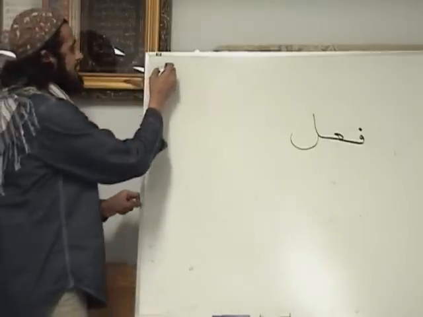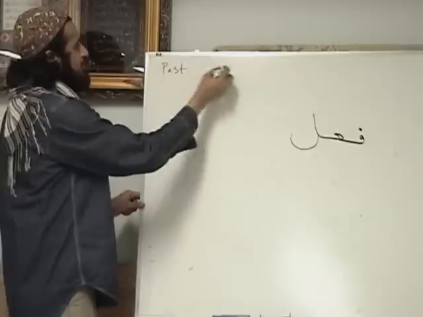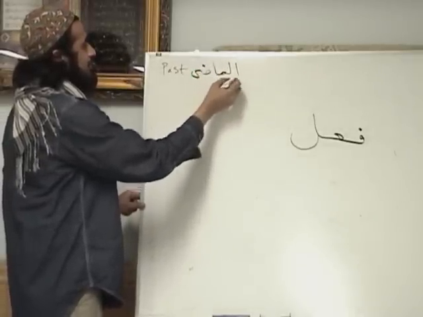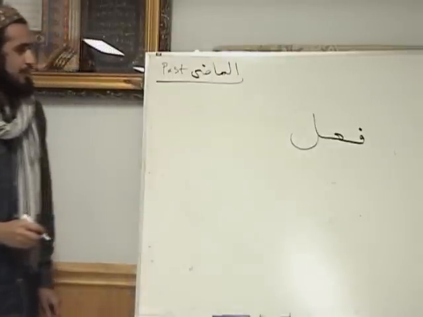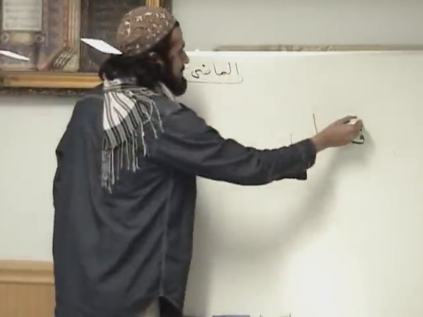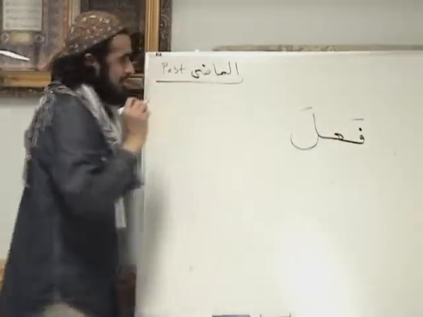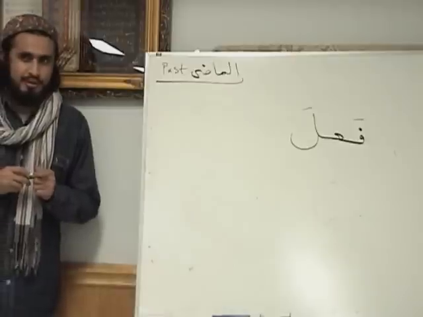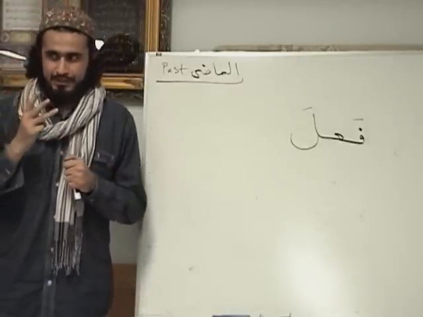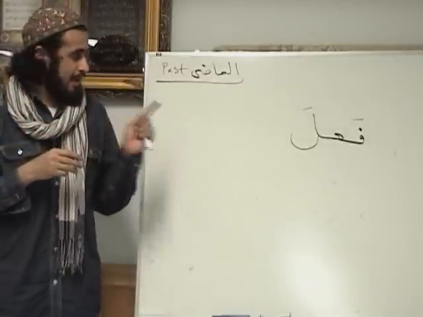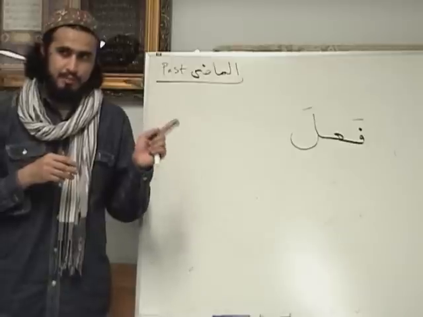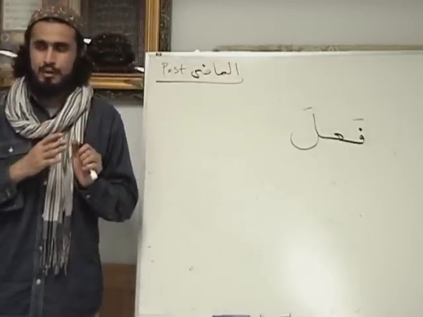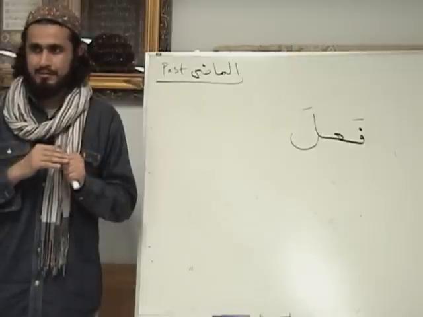So the first thing we discussed is the past, which is called al-madi. Al-madi means the past. So the fa will always have a fatha, and the lam will always have a fatha. No exception. Any Arabic word that has 3 original letters and its past tense of third person singular will always have the root word. It will not have anything more or less.